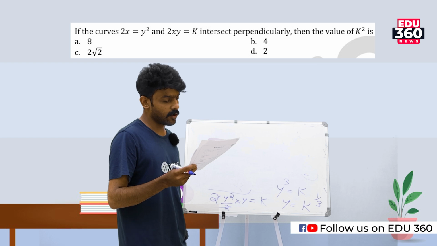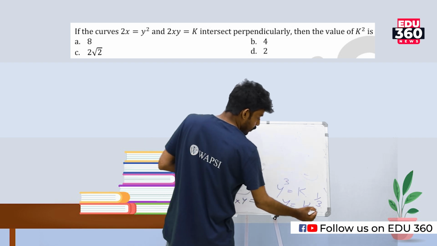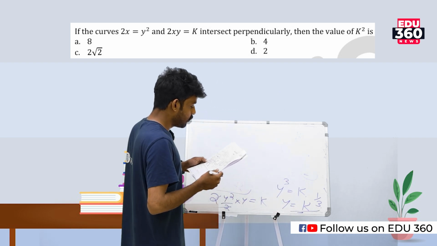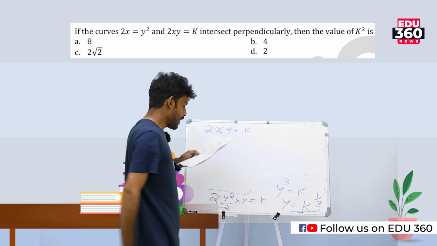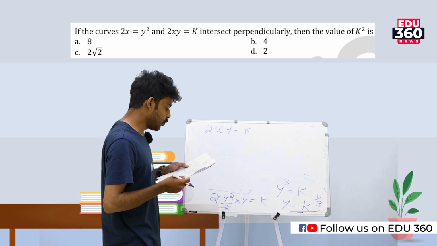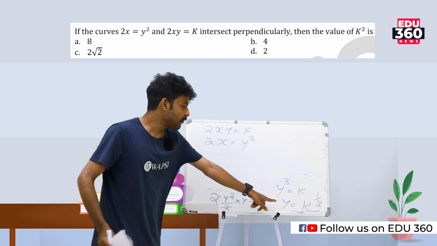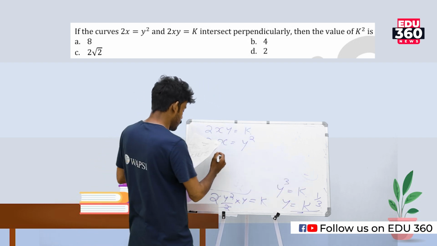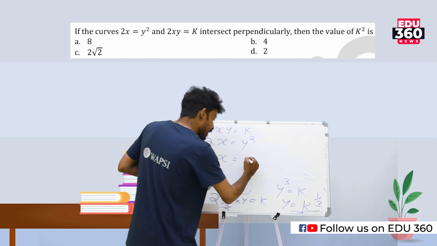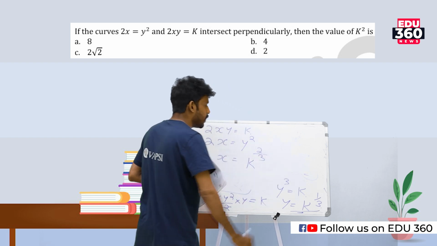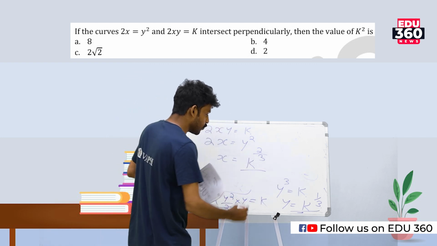We know that 2x = y² and 2xy = k, and y = k^(1/3). Substituting here, we get x = k^(2/3), because it is squared, divided by 2.